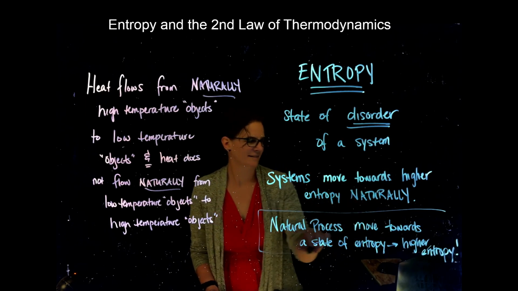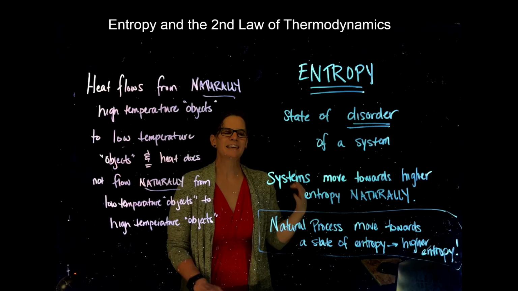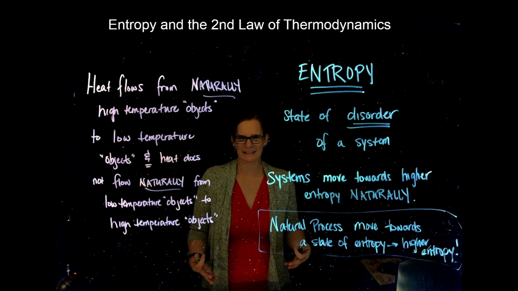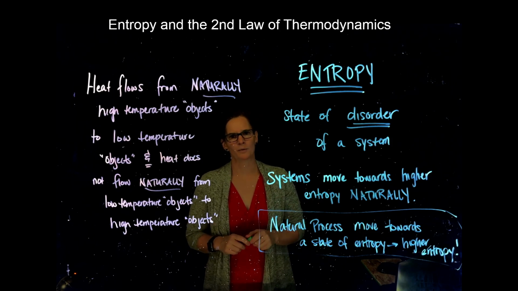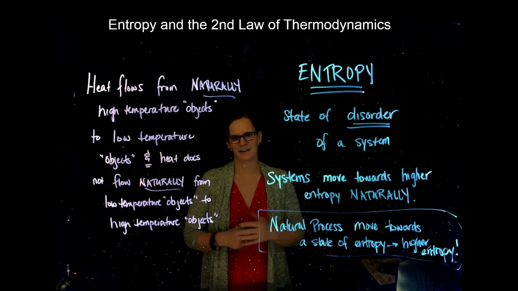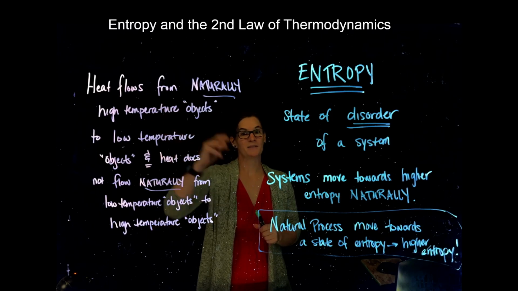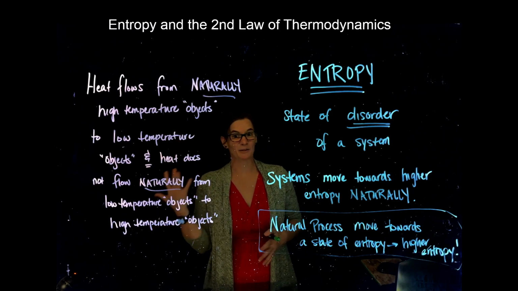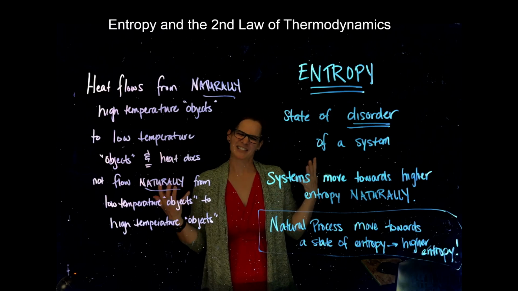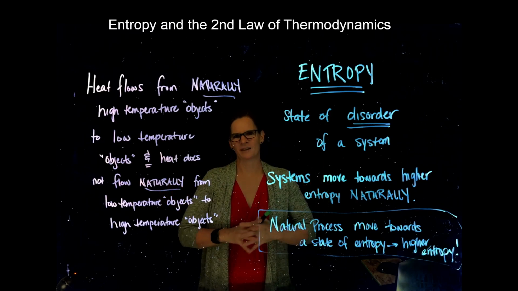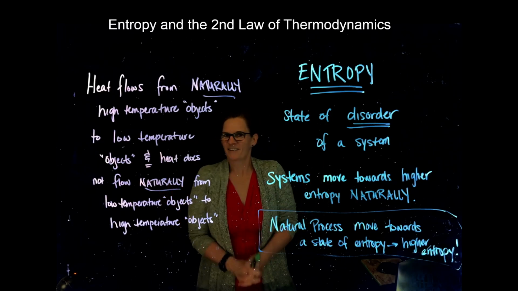This is what is key. If we let things just happen naturally, processes will move us towards an area of higher entropy. So, in terms of heat, that means naturally heat flows from high temperatures to low temperatures. In sort of the general sense, processes move us towards entropy. Right? Good job.